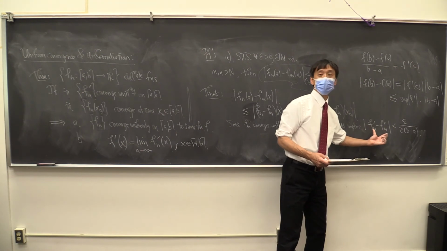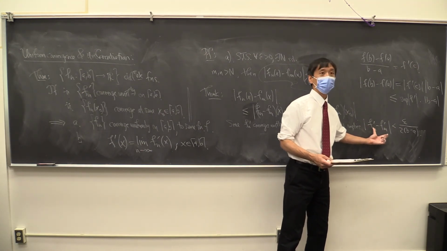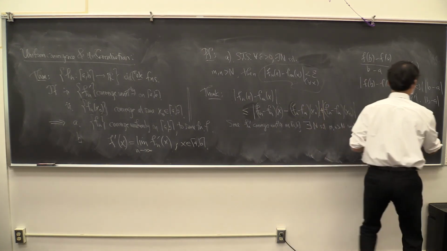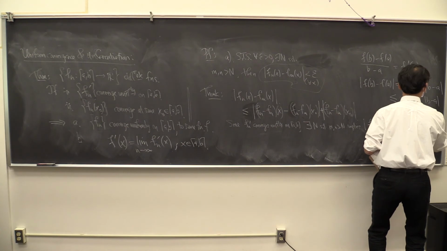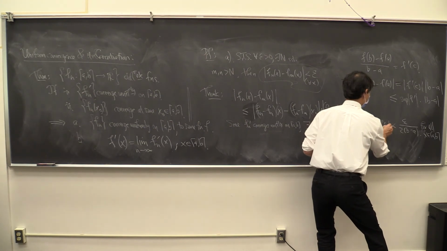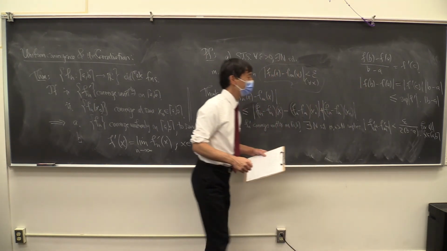Basically, I can make this thing small. This is the Cauchy criterion. I can make this thing small for all x in AB. Right? Should I put the x's in? Okay.